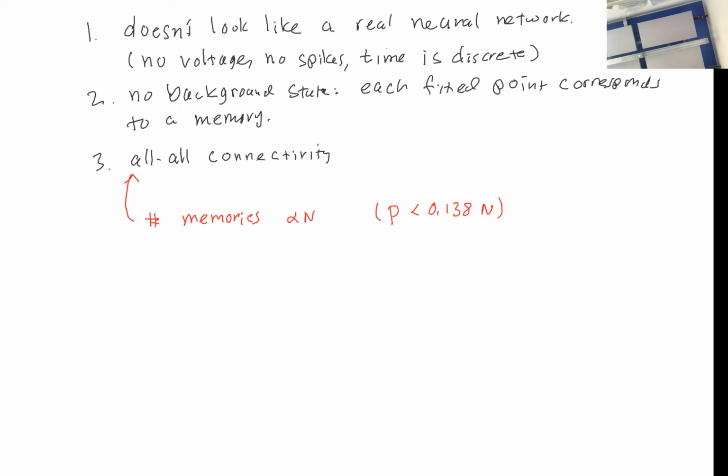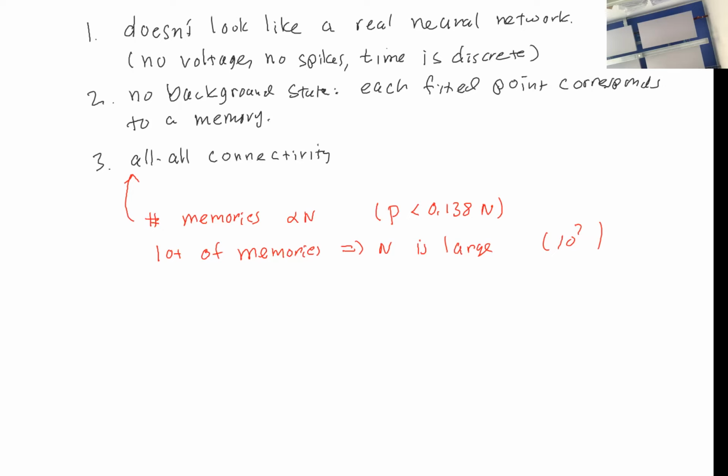If you want a lot of memories, that implies N is large. Let's say 10 to the 6, let's say 10 to the 7. That'd be kind of nice, right? So you have 10 million neurons. Now you can remember on the order of 13% of that, so on the order of 1.3 million things you can store easily, a couple hundred thousand, which is plenty.